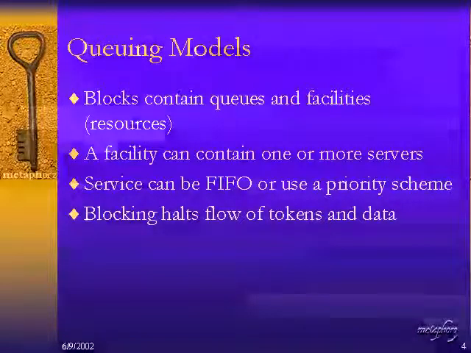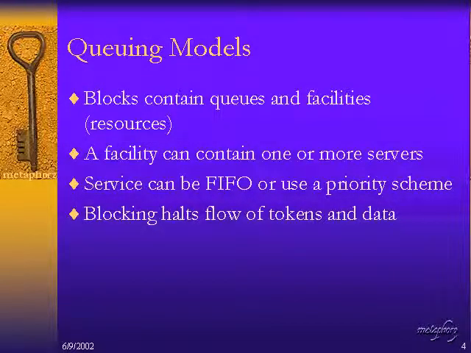Our next type of functional model is a little bit different. It's a queuing model. And in the queuing model, you've got discrete flow. You've got discrete items that are flowing through the network. So the blocks can contain queues and facilities or resources. A facility can contain one or more servers.